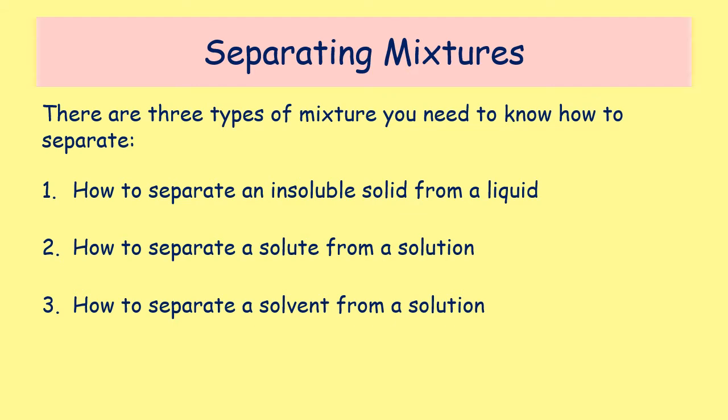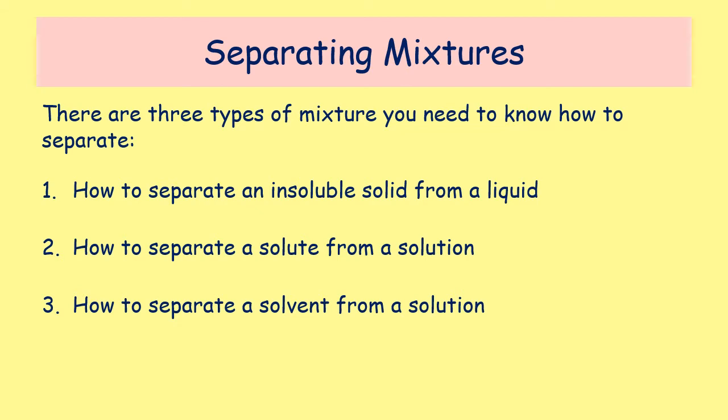And finally, how to separate a solvent from a solution. So if you have a solution of a solute dissolved in a liquid, how do we get that pure liquid out of the solution? So there's three different types and each one has a slightly different method.